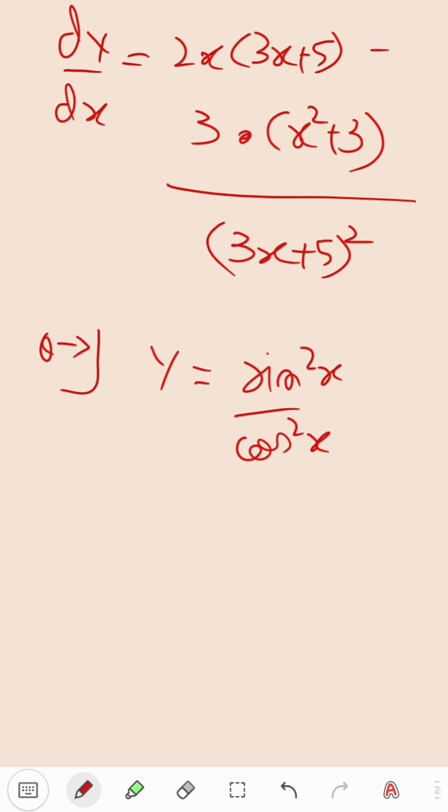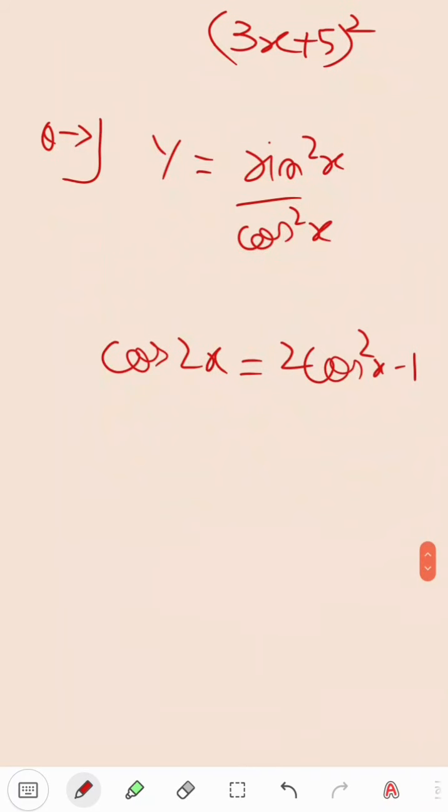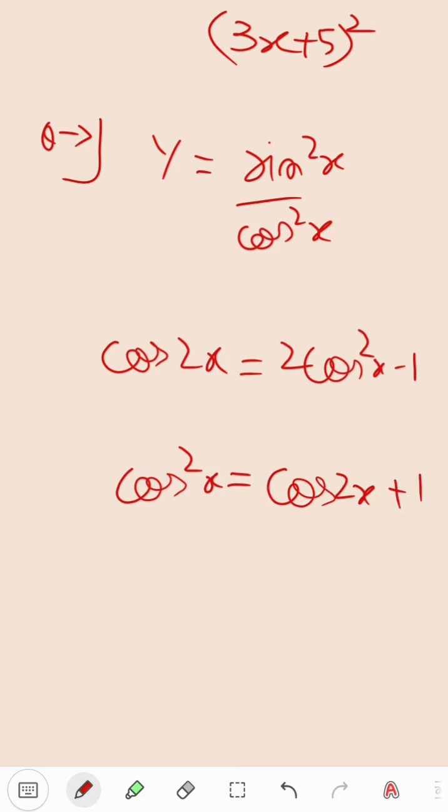Okay, now we can use identities of trigonometry here. I have taught in this chapter, in the portion of trigonometry, that cos 2x can be written as 2 cos square x minus 1. So from this we can write cos square x equal to (cos 2x plus 1) by 2.